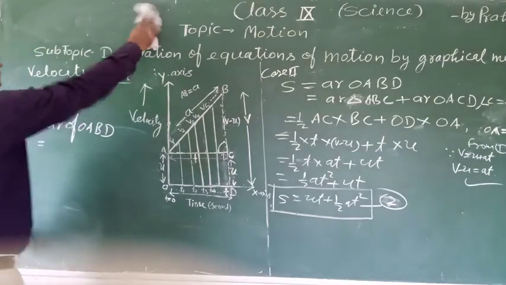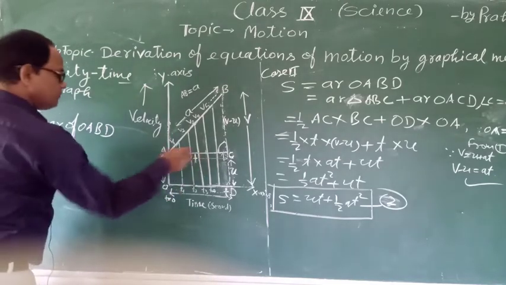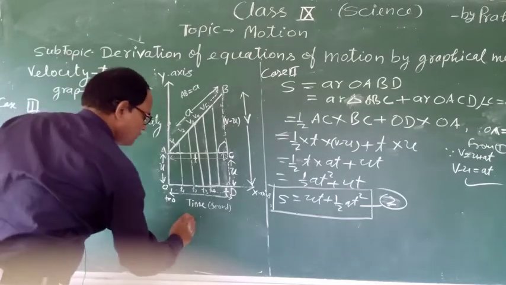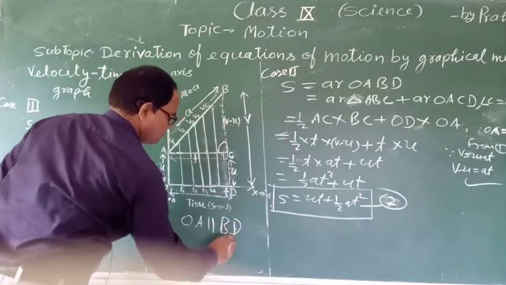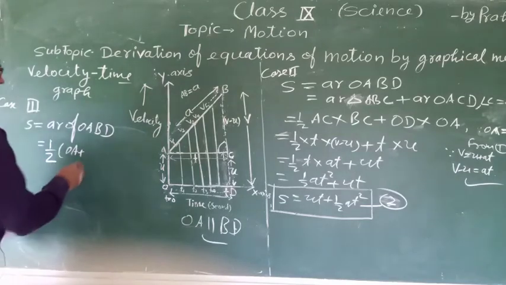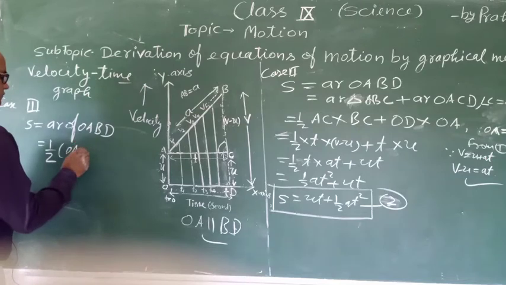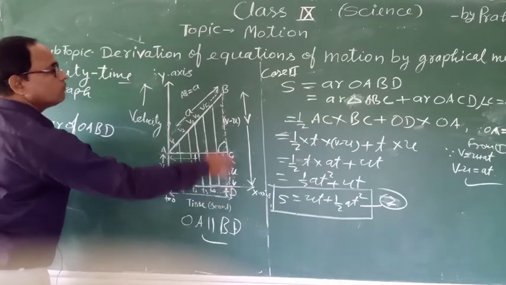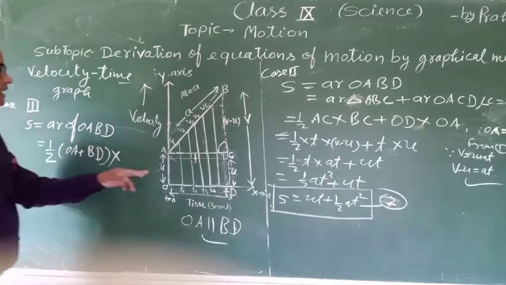Here area of trapezium is 1 by 2 times the sum of the parallel sides OA plus BD, OA parallel to BD, into height.